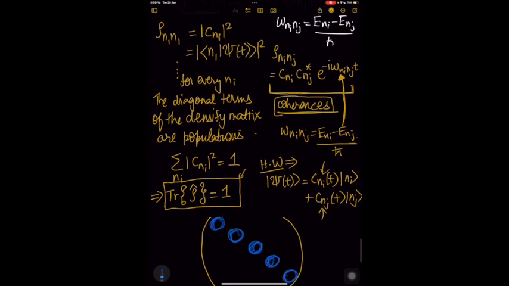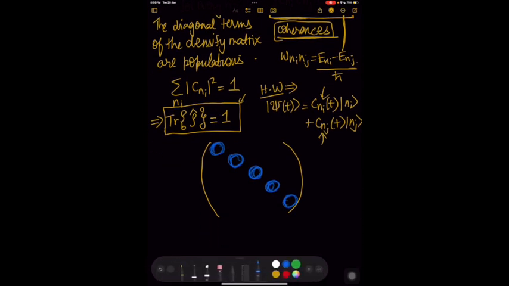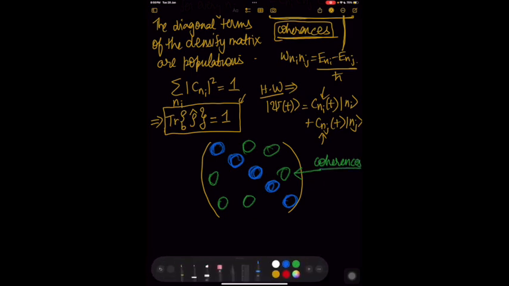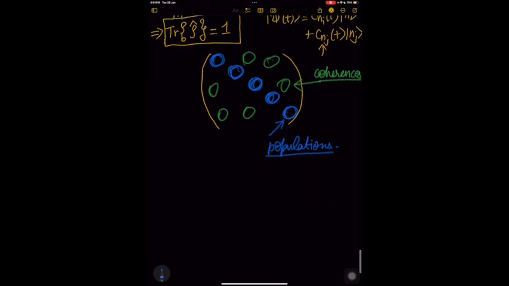Now, the second thing to be considered is these off-diagonal terms. I'm not doing a good job at drawing these, but these off-diagonal terms are known as coherences, and the diagonal terms that I just mentioned are populations. So you have some physical significance for the diagonal and off-diagonal terms of the density operator. So that's good. Now let's continue with our discussion.